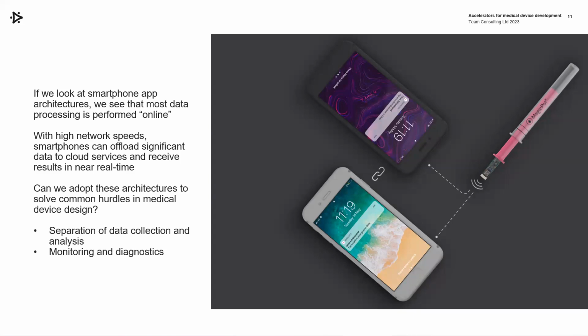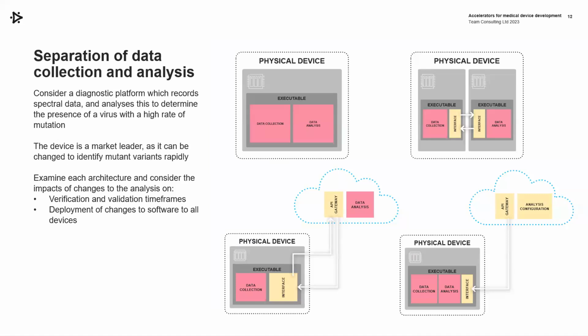I'd like you to consider 4 different architectures through here. We have a single physical device with all the software needed to collect and analyze data on board. I should state that these are IVD-like devices. This is an area I'm more familiar with. Our second architecture is a physical device with 2 separate processors, one which does data collection, one which does data analysis.